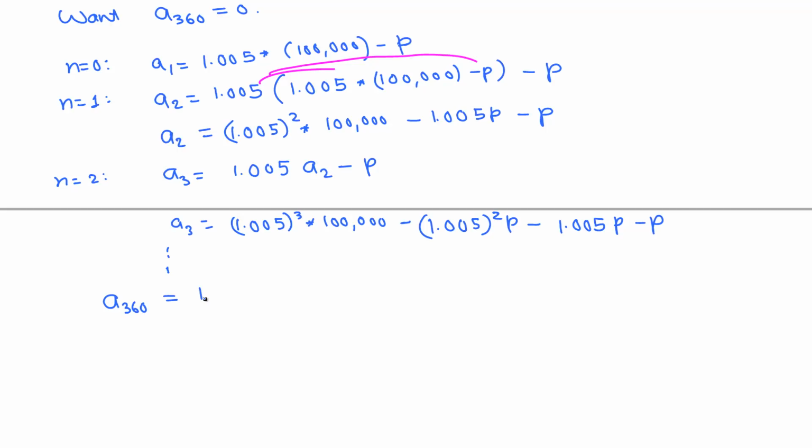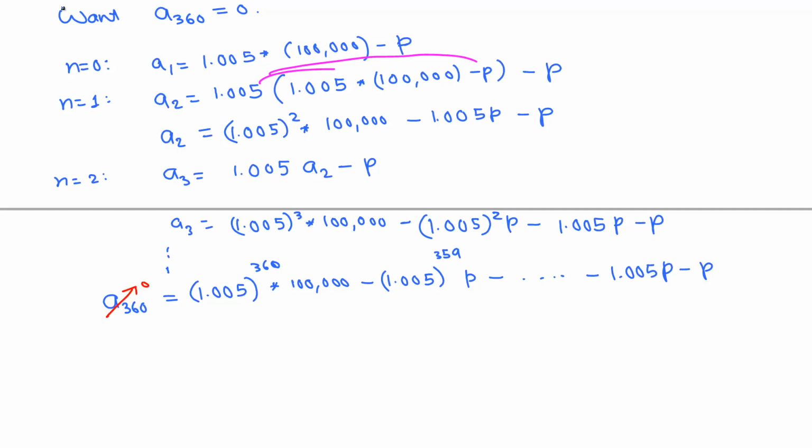That will be 1.005 raised to 360 times A_0, which is 100,000, minus 1.005 to 359 P, minus 1.005 to 358 P, etc., all the way to 1.005 P minus P. And we know this balance after 360 payments is 0, because we want the loan to be paid off. So 0 equals this.